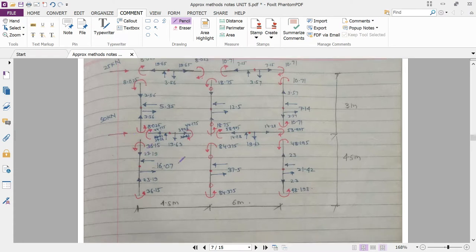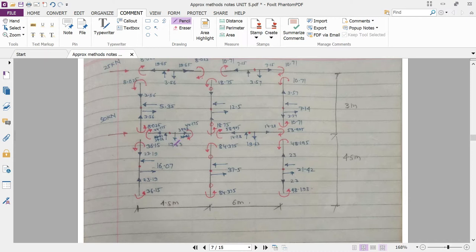What you have to do, again write the shear force first, whatever you have calculated previously, and then calculate the moment at the corners. Then transfer this moment to the beam, and then transfer to the rightward side. Then take the summation, which must be equal to 0. Then take the beam moment divided by half of the respective span, you will get the reactions of the particular beam.